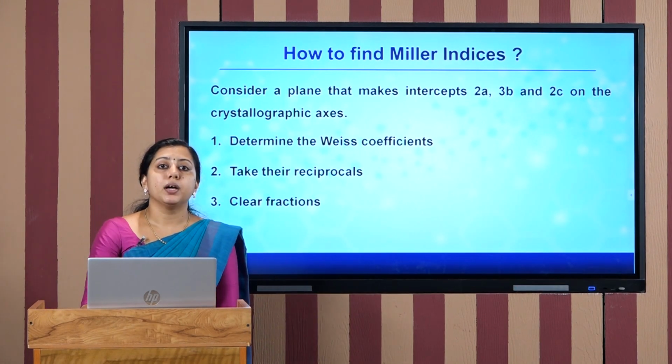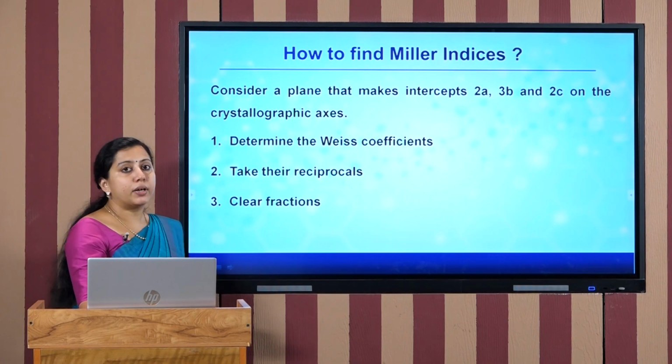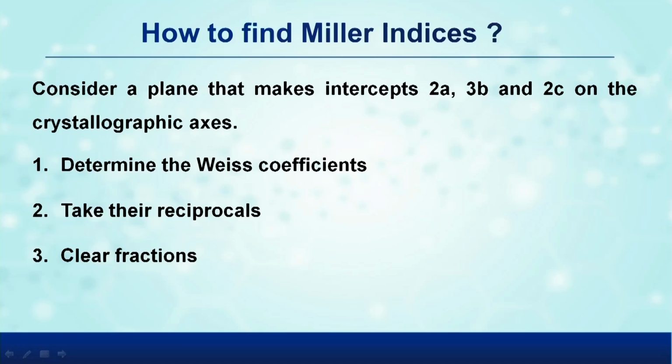Now, let us see how to find out the Miller indices of a particular plane. Let us see one example. Consider a plane that makes intercepts 2a, 3b and 2c on the crystallographic axis. So, we have been given the 3 intercepts.